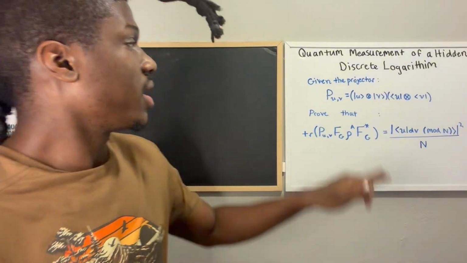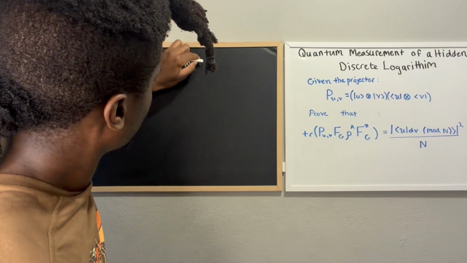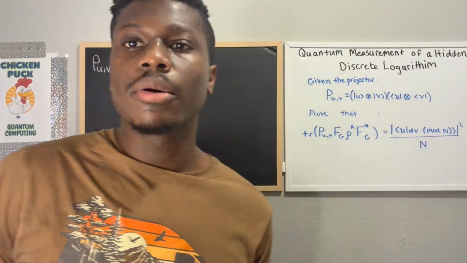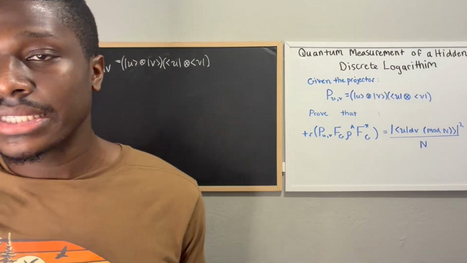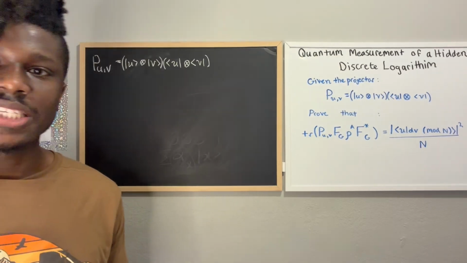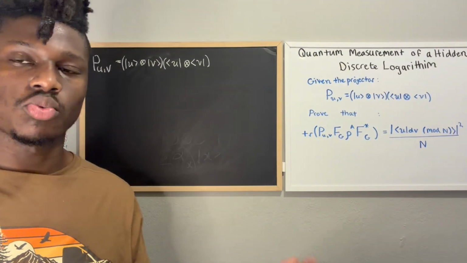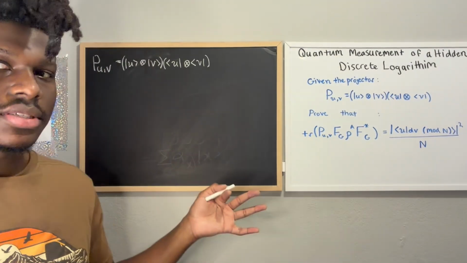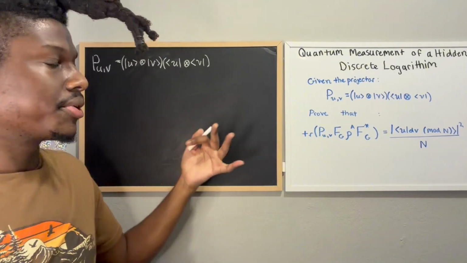So first thing we're going to do is write this down here. Okay, now I'm going to assume you don't know what a projector is, so we'll go over what a projector is in quantum computing. A projector is basically an operator that asks one question: is the quantum state in a particular subspace?